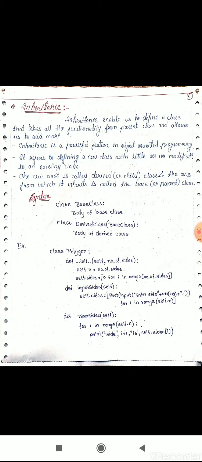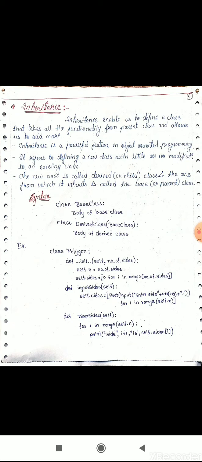Once again I'll repeat. Suppose I'm having one class in which I have a few attributes and a few methods. Now in a later part I want to define some new class in which I require some of the attributes of the previous class which is already declared, already defined, and some of the functions of that class.